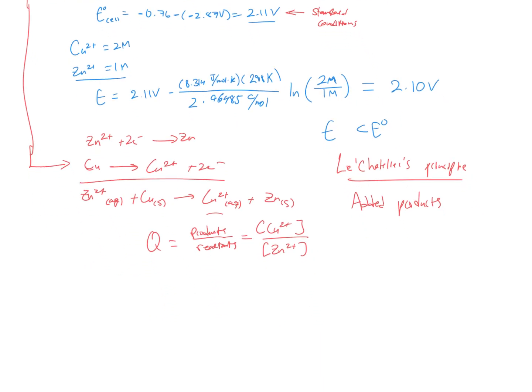Because of that, it means the forward reaction becomes less favored. Because remember, in any electrochemical cell, it's a spontaneous reaction, and so the forward reaction must be favored. If I add products, that makes the forward reaction less favored, and so I prefer reactants slightly, very slightly, more than before.